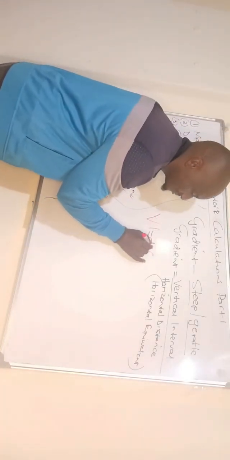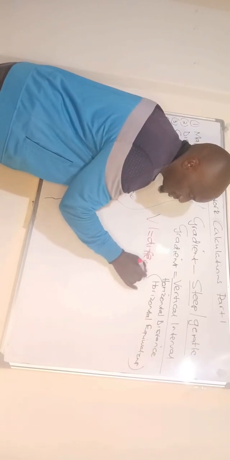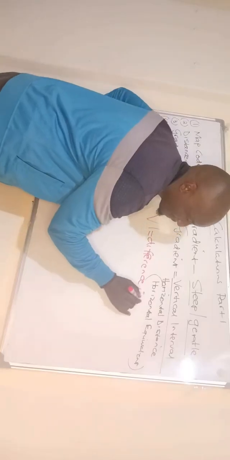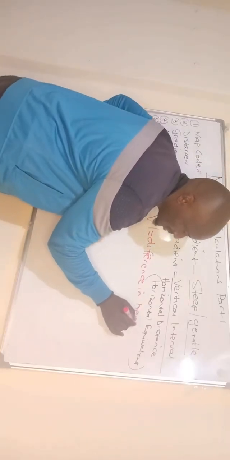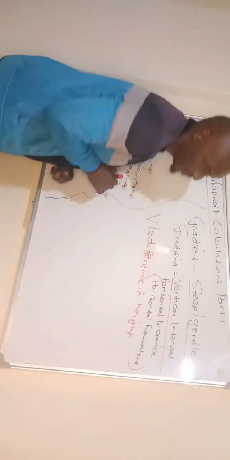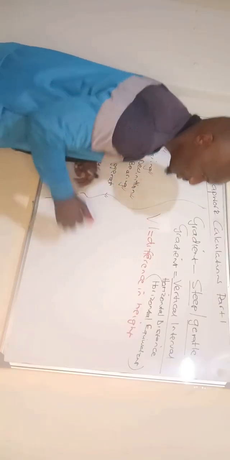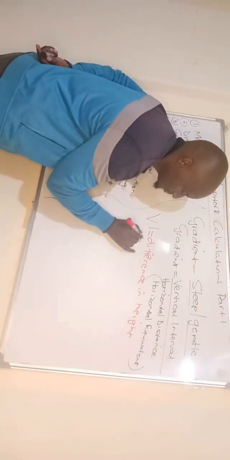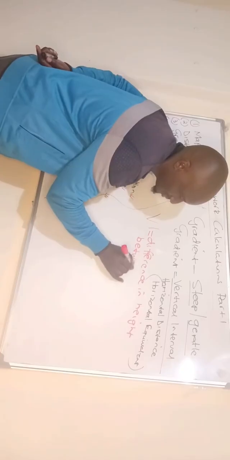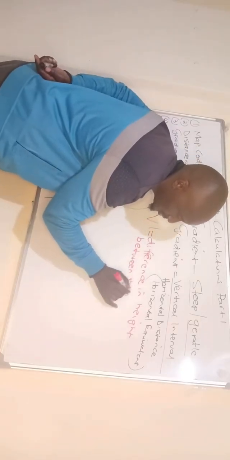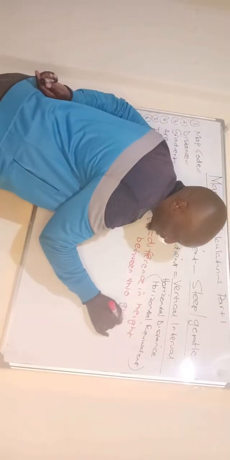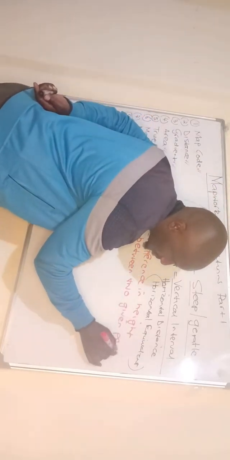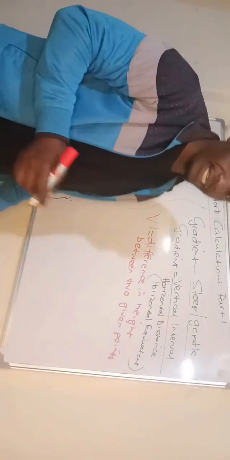We calculate it by looking at the difference in height between two given points. That is our vertical interval.